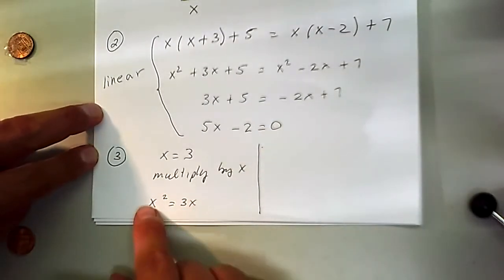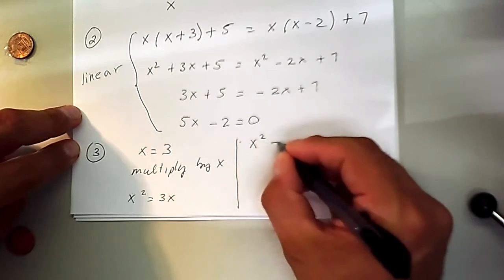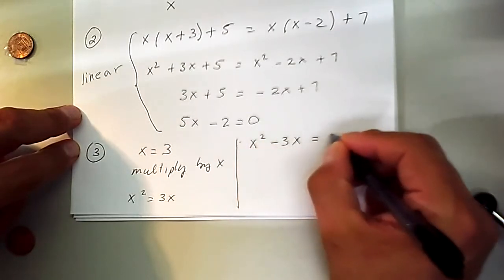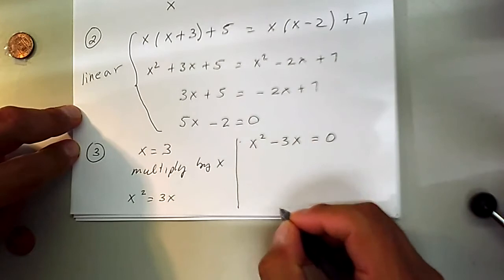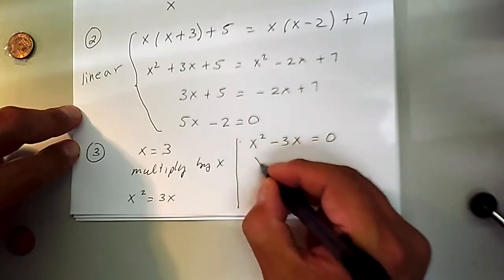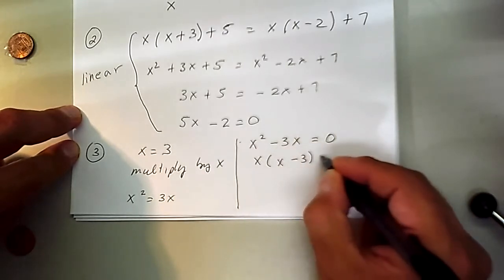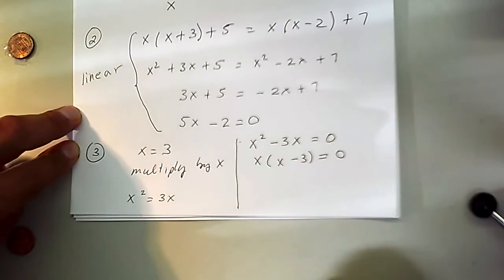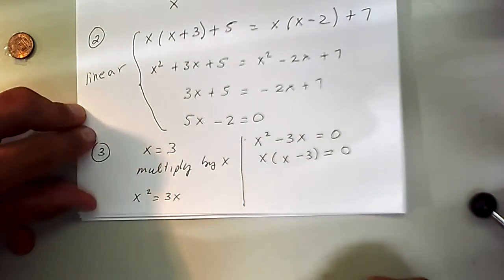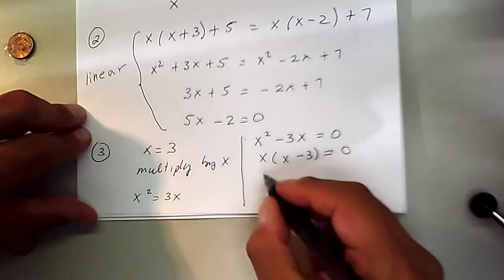We're going to move this 3x to the other side of the equation. So now we have x squared minus 3x equal to 0. And then we're going to factor x out, x times (x minus 3) equal to 0. And then we're going to use what is called the zero product property.